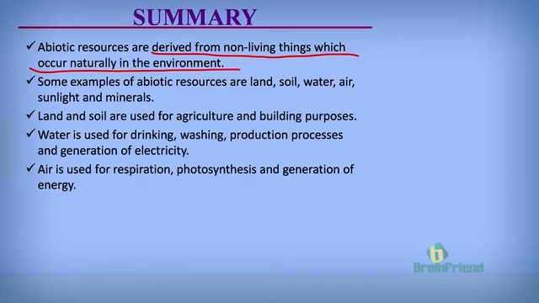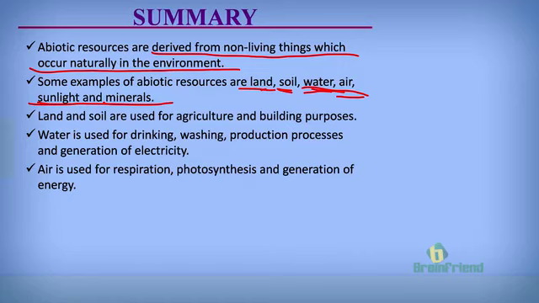Some examples of these abiotic resources include land, soil, water, air, sunlight, and minerals. In today's class, we only looked at land, soil, water, and air. In our next class, when we return, we shall be learning about sunlight and minerals as examples or types of abiotic resources.